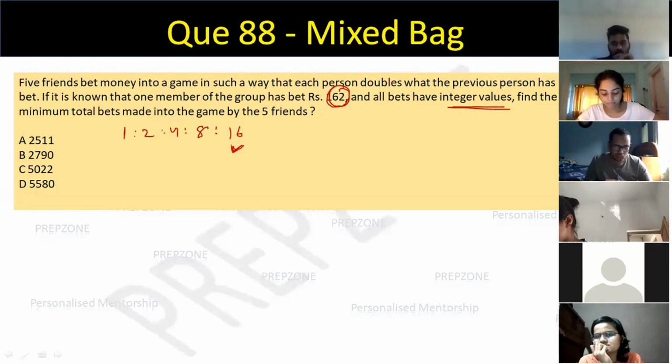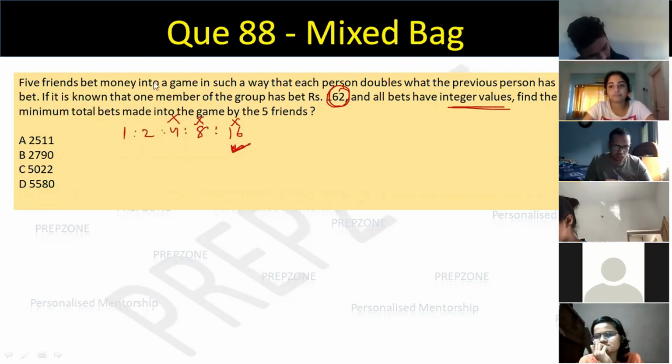Can I say कि 162 is not divisible by 16? So 16 वाला तो bet नहीं करेगा. Similarly 8 वाला भी bet नहीं करेगा. Similarly 4 वाला भी bet नहीं करेगा, right? Which means either the first person or the second person can bet rupees 162, right? Because third person जो भी bet करेगा, it has to be in multiples of 4. तो 162 is not in terms of 4.